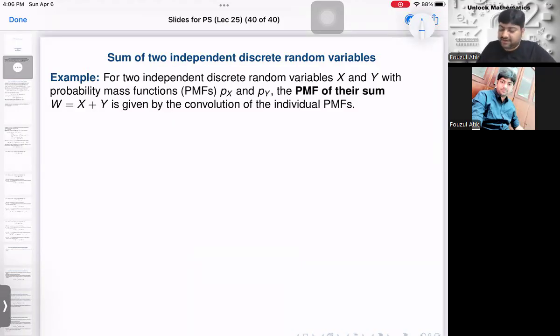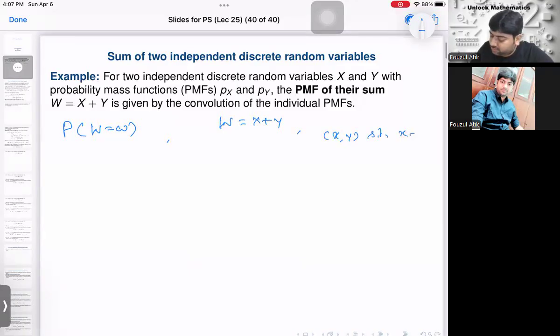So how can we think of it? We need to calculate basically P of W equal to small w, right? The probability mass function of their sum. Now what is W? W is basically x plus y, right? So we have to find all xy pairs such that x plus y equal to w.